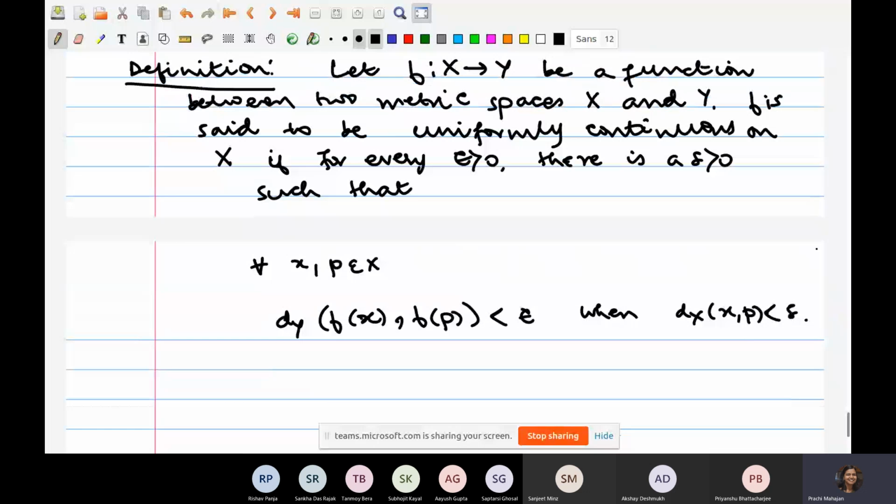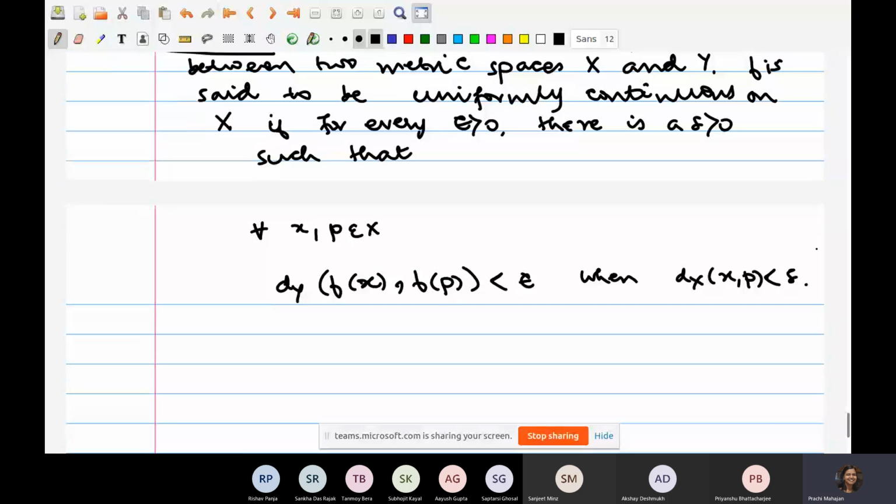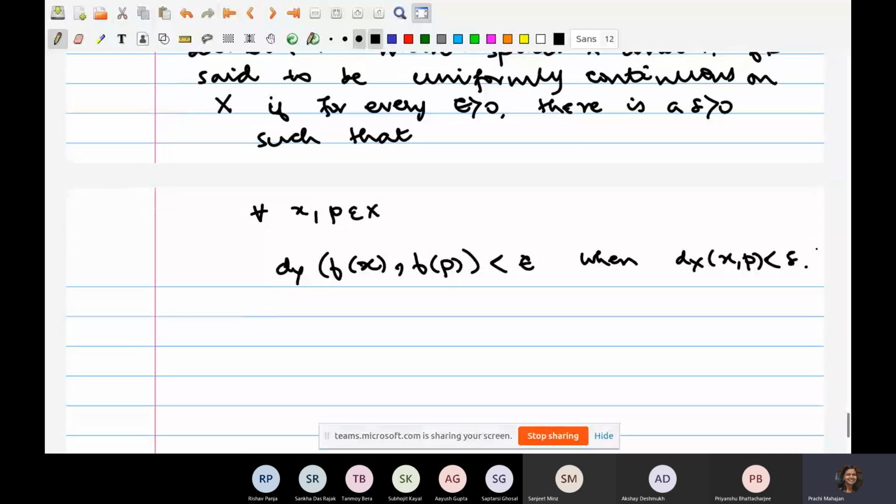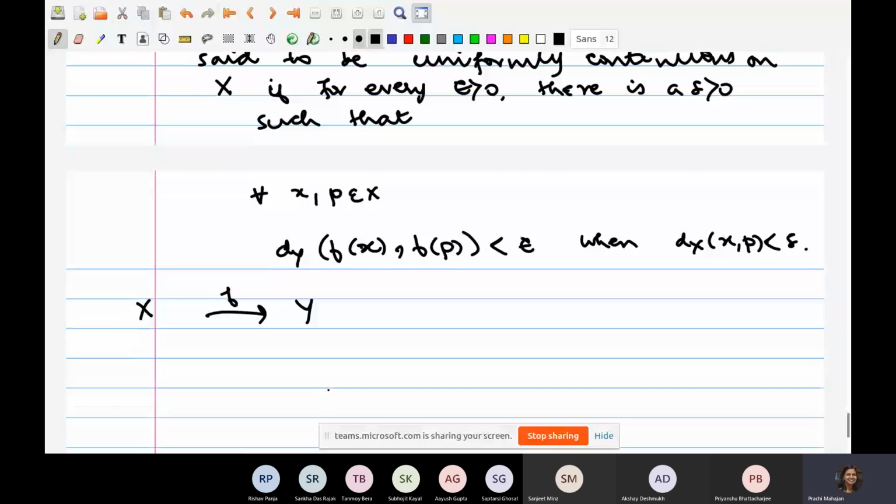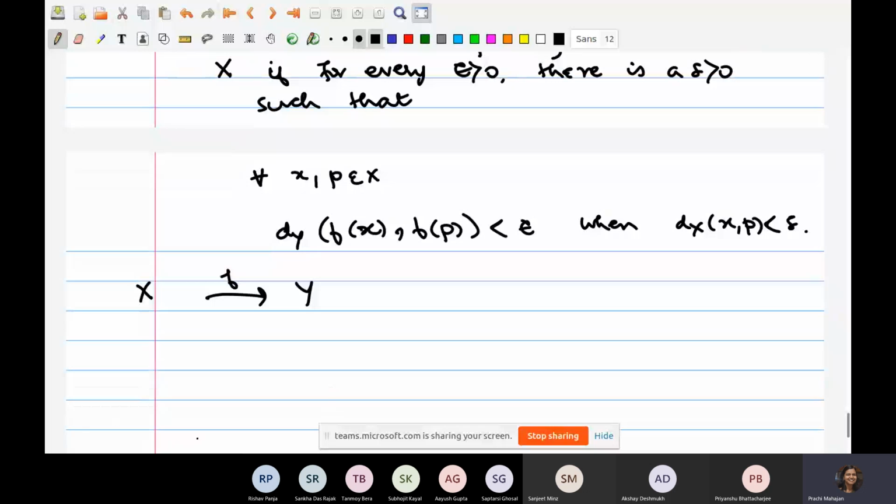See, what is the difference here from continuity? So let's note this down. So X is here and Y is here. You have a function, right? Now, what is it that you are saying? You are saying no matter where you are in X, you give me an epsilon and you fix a point in Y, f of p, and you fix an epsilon neighborhood around that point.